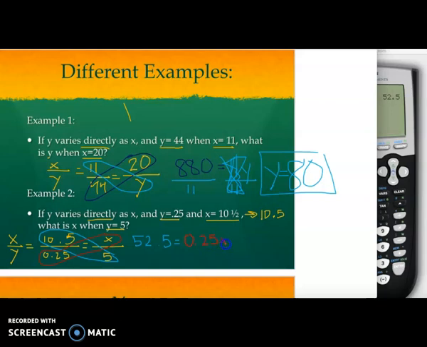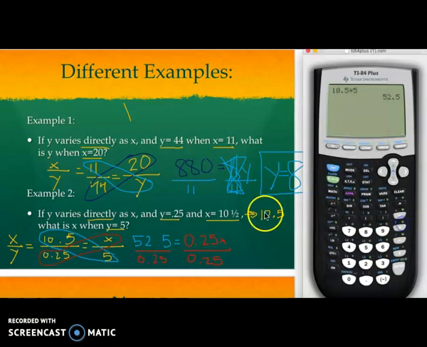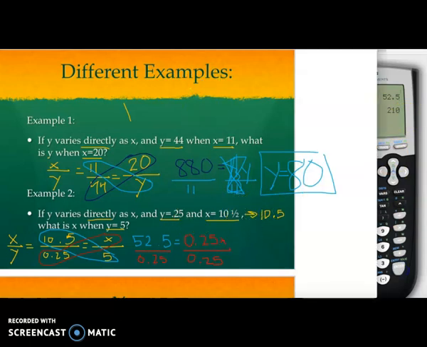We're just combining it. Now to get the x by itself, we just divide by 0.25 on both sides. What we do to one side, we have to do to the other. And when we take 52.5 divided by 25 hundredths, we get x equals 210. Let me write that down. X equals 210.